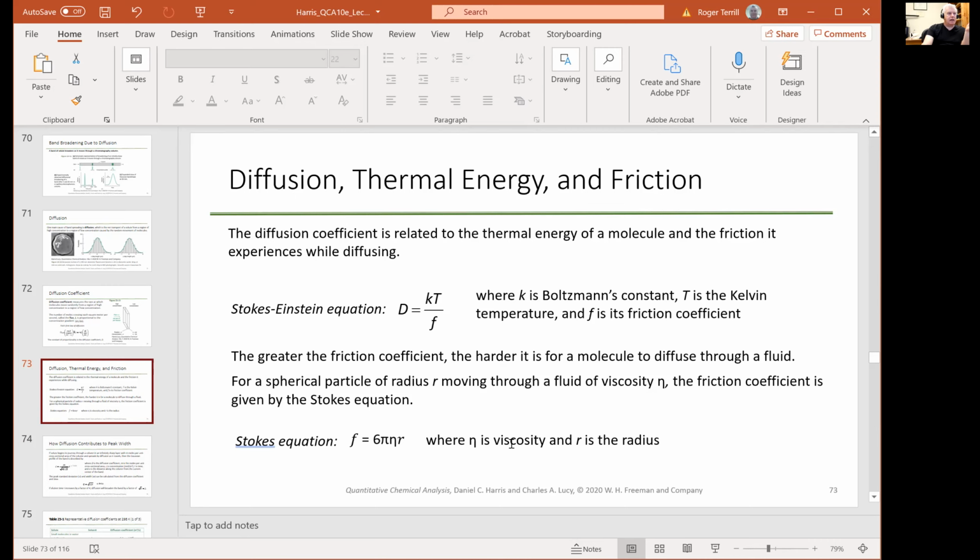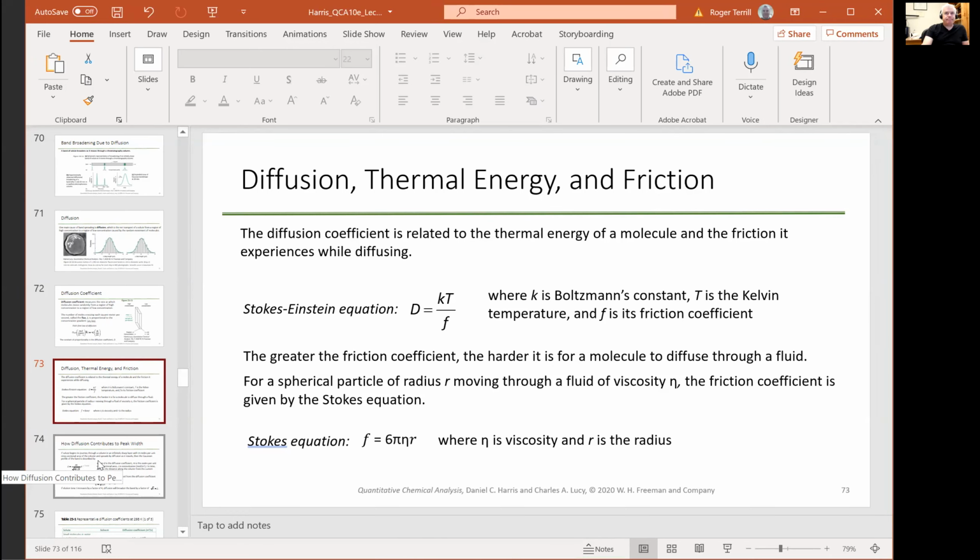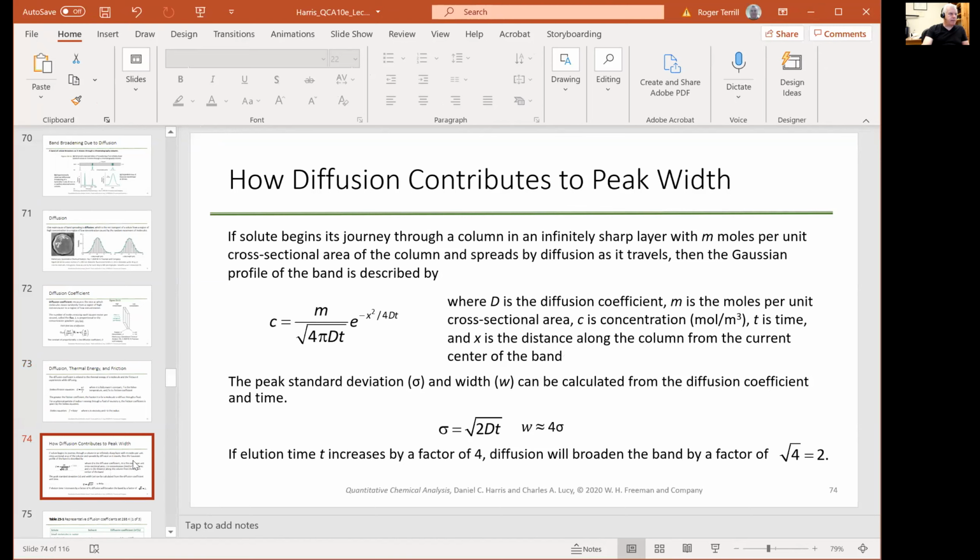I don't really know why they throw this in here, because it's just a physical chemical connection between D and other factors, but we don't really care so much about the underpinning of D. But diffusion contributes to peak width.